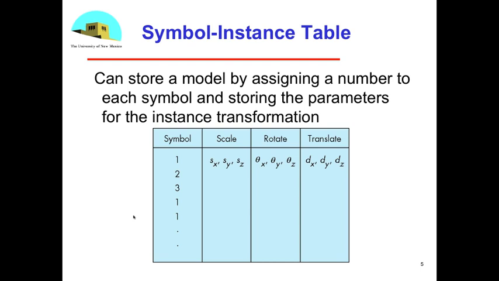We could either have a homogeneous coordinate matrix there, or we could just put in the scale factors in the x, y, and z directions, the rotation angles about the origin, and the translation components. So we would essentially have 10 entries that describe each object in that model.